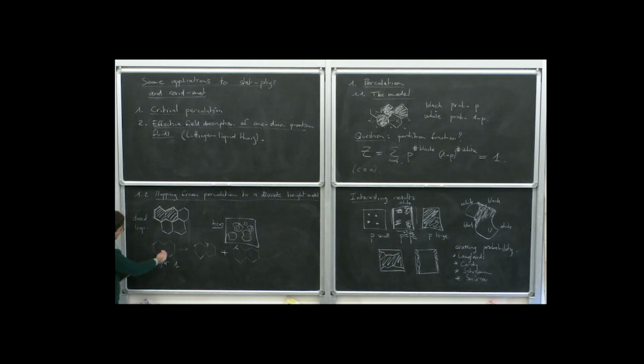On the other side, this is going to have some weight W clockwise, and here some other weight W anti-clockwise, so that the total weight of each loop will be this plus this. This plus this, we want to be equal to 1.